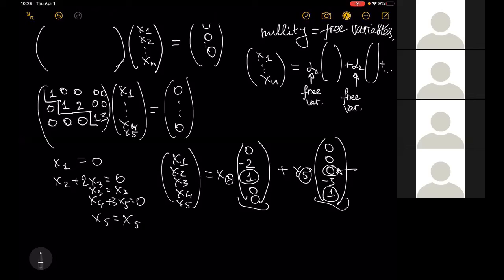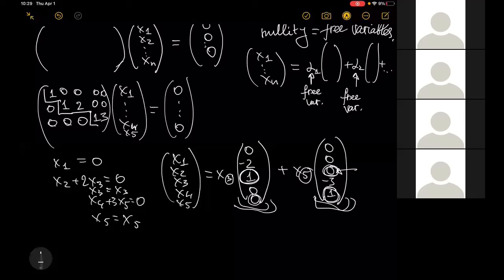From this 1, you cannot make this 0, and from this 0, you cannot make this 1. Yes, that's true. So these vectors are linearly independent, and they definitely span the solution of the homogeneous system of linear equations, which is the null space. Yes, so nullity in this particular case is 2.